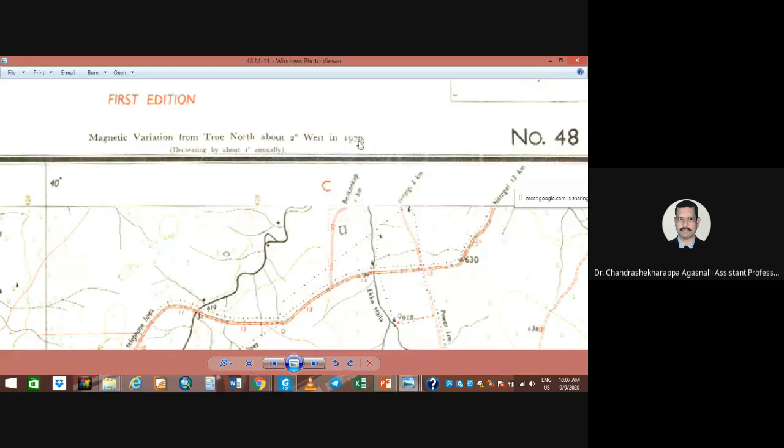That's the survey date, 1970. Magnetic variation from the true north. True north is at 0° or, sorry, 0° or 360°. From that, there will be a variation towards west or east. Okay, if this is 360° or 0°, it may be towards east or it may be towards west.